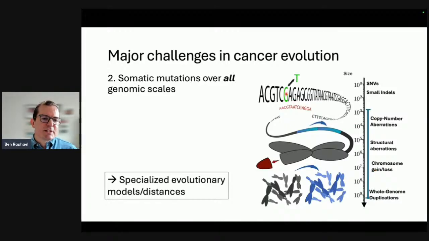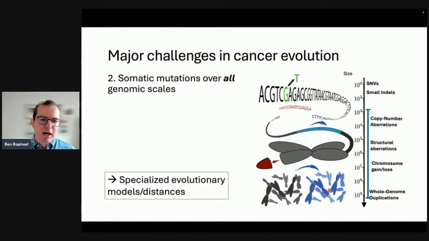So the simplest type of mutation is the single nucleotide change that I mentioned, but the changes go up the scale from small insertions and deletions, larger gain or loss of segments of the genome, rearrangements of the genome, whole gain and loss of entire chromosomes, and even the whole genome duplicating, creating an extra copy of every single chromosome in the genome. So now when we measure or sequence a cancer genome, we would measure mutations across all of these scales.